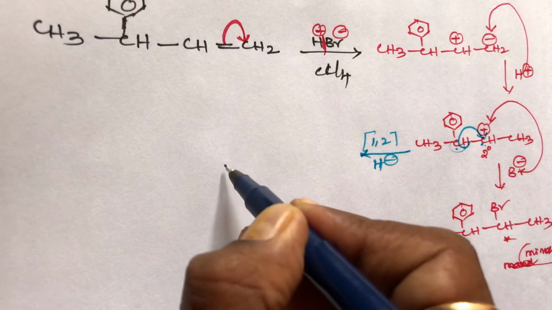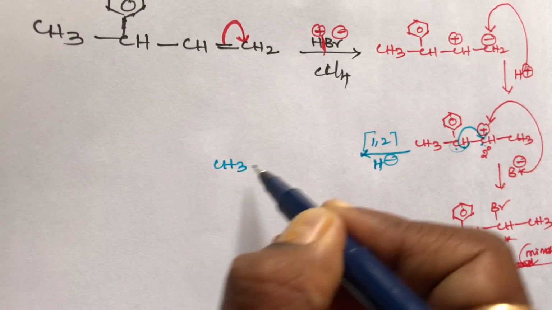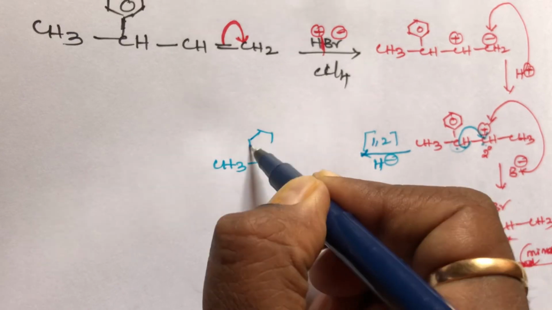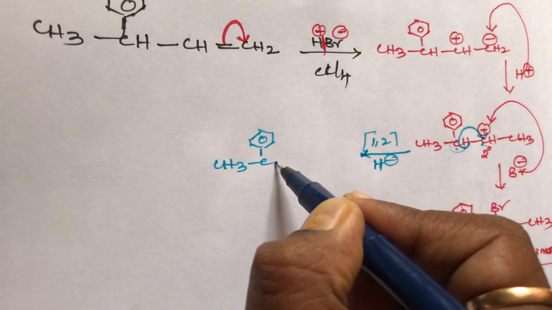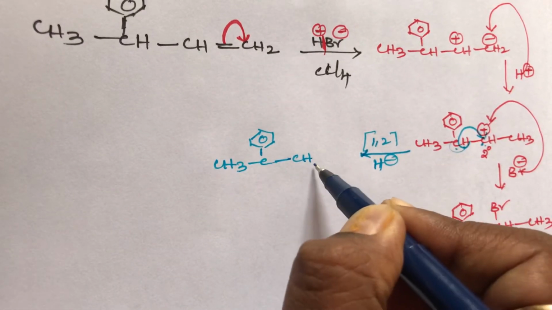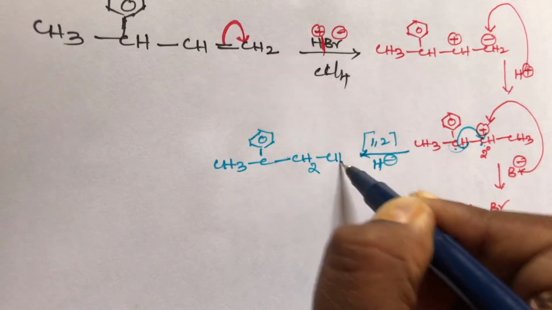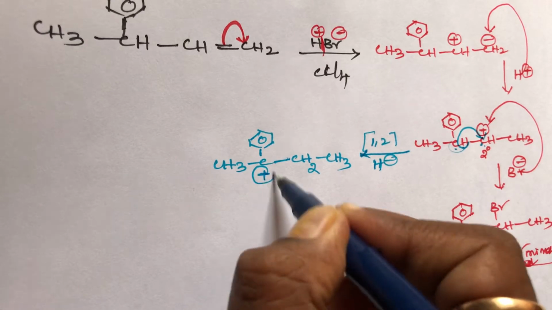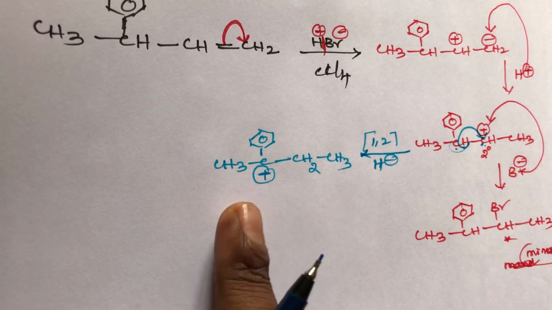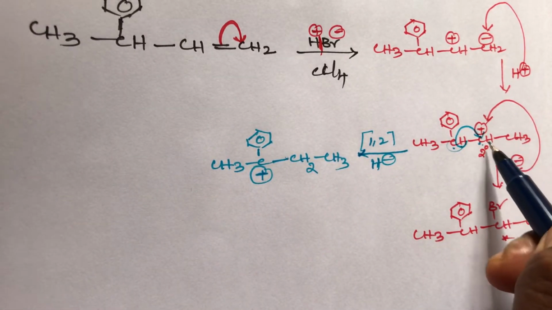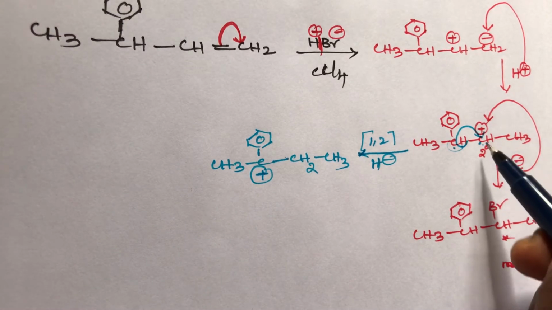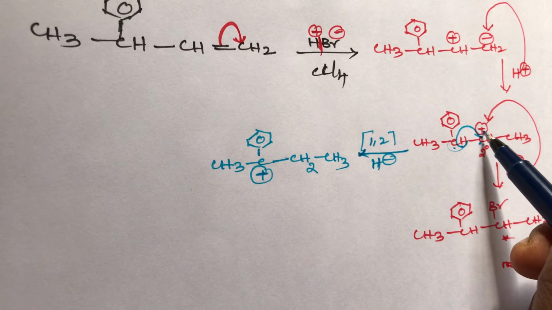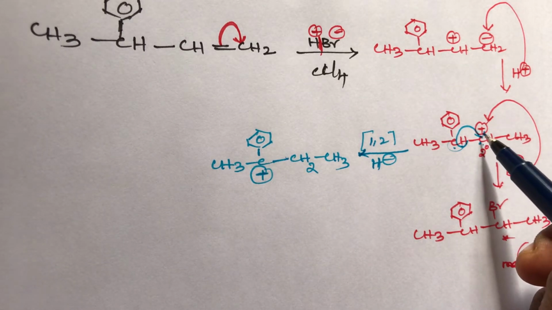We get the intermediate compound CH3, CH3, a phenyl group, then CH2, then CH3. This is the tertiary carbocation, the rearrangement of carbocation. In the earlier compound, the positive charge is present on a secondary carbon, so it is called a secondary carbocation.